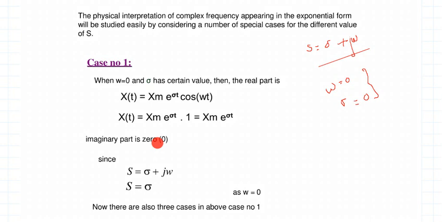Now the signal x(t), which was expressed in complex form, has only the term Xm e raised to sigma t. So when omega is 0, x(t) is Xm e raised to sigma t. Now we will analyze this real part, where Xm is the magnitude of x(t) and e raised to sigma t, where sigma controls this magnitude.